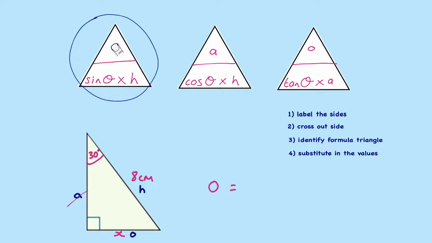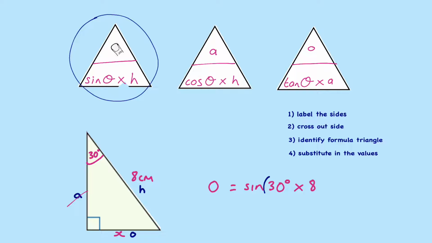So sine theta, the angle theta, is 30 degrees. And h is 8 centimeters. And from here, you simply type sin 30 multiplied by 8 into your calculator. Now, whenever you press the sin button before you type in 30, you may see a bracket open up.